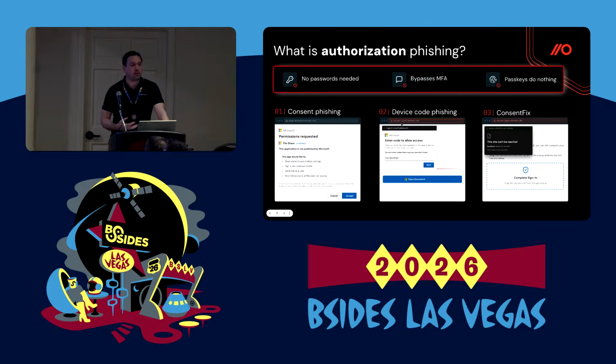Device code phishing is using the OAuth device code flow to effectively approve access to another device. And again, that's post-auth in that case. And then ConsentFix is a pretty interesting technique we discovered in the wild, being used for targeted attacks around the end of last year. But ultimately, it's a clever social engineering technique to get someone to give you their OAuth tokens.